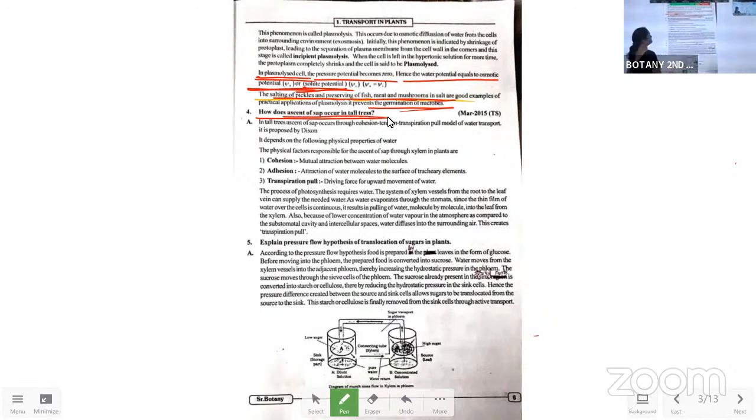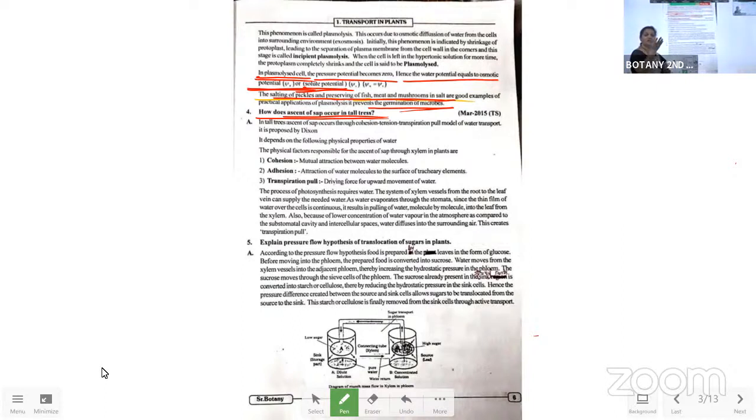Ascent of sap means, first of all, when the water molecules are moving from the roots to the tip of the stem, when the water molecules are moving from the soil, that is by the absorption of the roots and pumping through the xylem now.